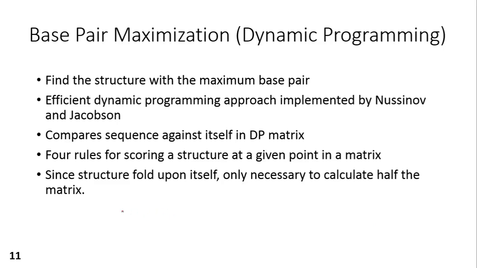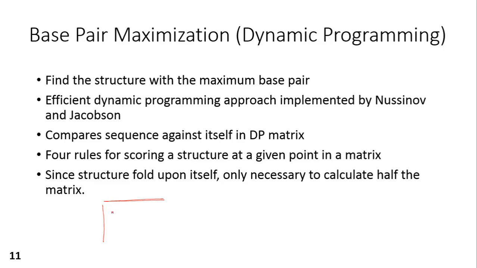So whatever sequence we have, say for example, if this is the RNA sequence that you need to find the secondary structure of, we use the same sequence in the two dimensions, and we compare the same sequence on itself in a dynamic programming matrix. This base pair maximization method has 4 rules for scoring a structure at a given point in your dynamic programming S matrix.